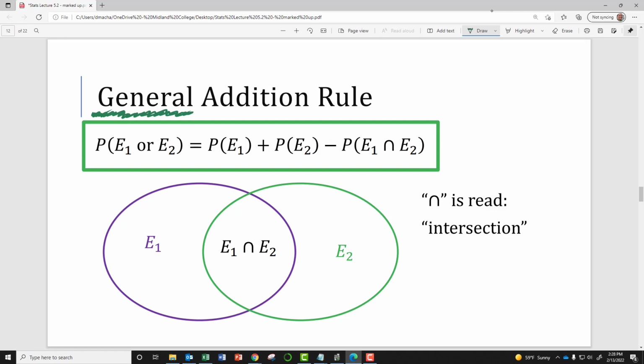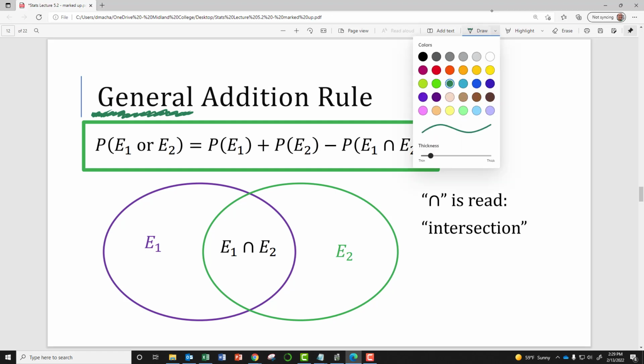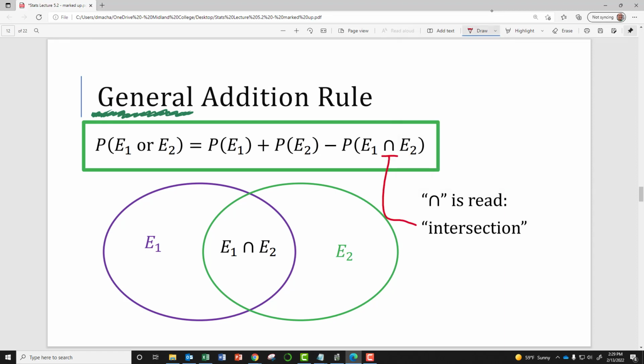Again, what we're doing here is taking the probability of E1 or E2 occurring, and that probability is equal to the probability of E1 plus the probability of E2, and then this is what's new, my last term on the end. It says minus the probability of E1 intersection E2. That symbol right there is the intersection symbol.